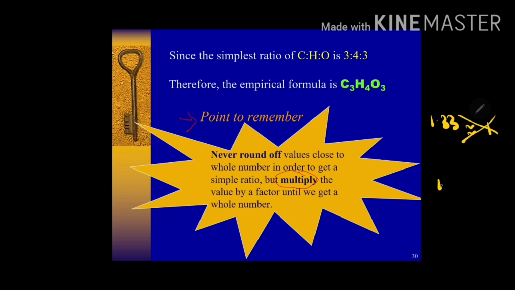Same with 1.2, and 1.8, you cannot round off to 2, incorrect. 1.8 you have to multiply by some number to get a whole number. Only if your answer is 1.97 like that, very close number, you can round off to 2. We will discuss this more in our class.